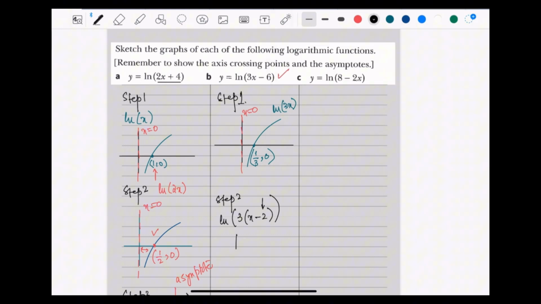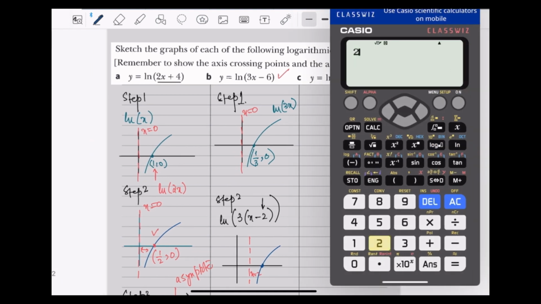So minus 2 means moving 2 to the right. x equals 2, and the graph here, so 1 over 3 and moves 2 to the right, so you can just add the values. So this value here is 7 over 3 comma 0.